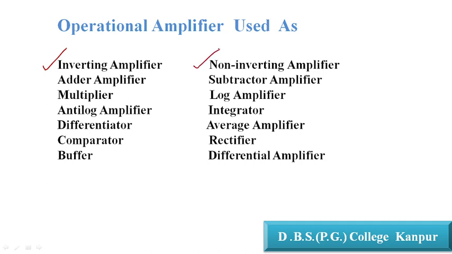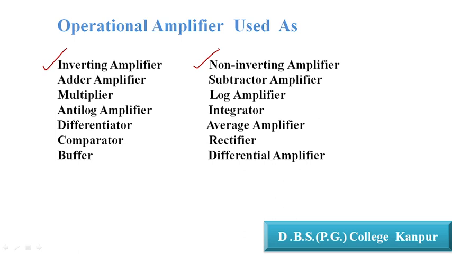Inverting amplifier means amplification as well as inversion of the signal is possible, meaning a phase change also occurs. In the non-inverting amplifier, amplification is possible without phase change. These are very important amplifiers.